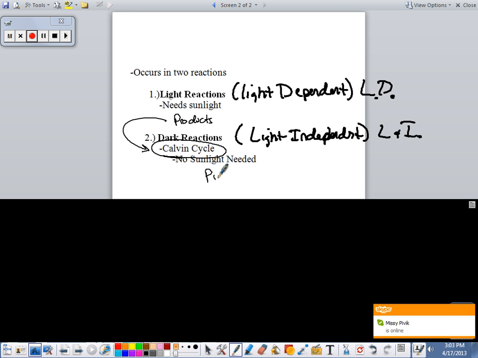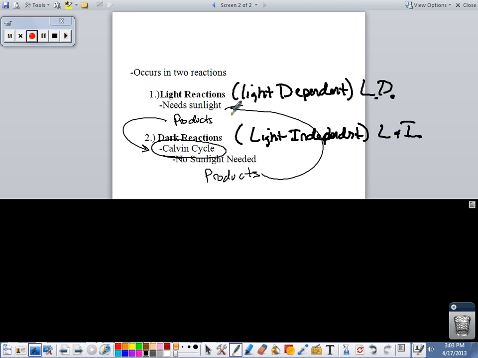Then the products produced in the dark reactions are recycled back into the light reactions. It's a cycling process where products are produced in one, used in the other, then new products are produced and used in the other one. And as long as there's sunlight and CO2, everything can continue.